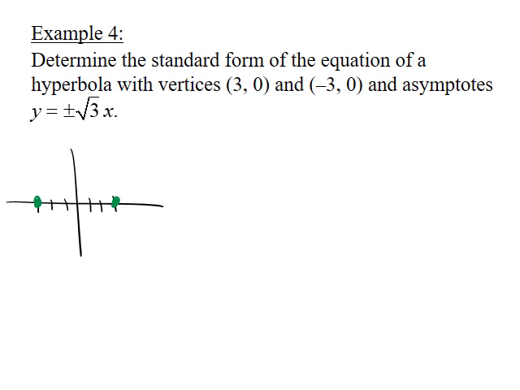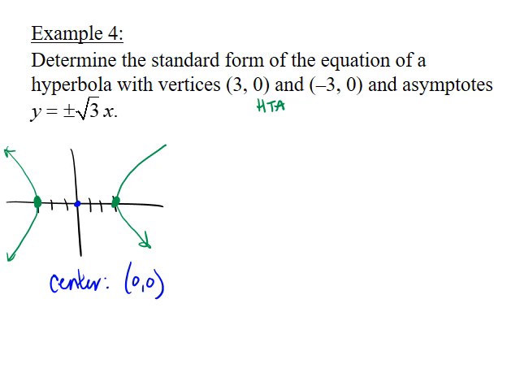This tells me that I am going to have a horizontal transverse axis because it's going to open right and left. This also tells me that my center must be 0, 0 because it has to be in the middle of those.